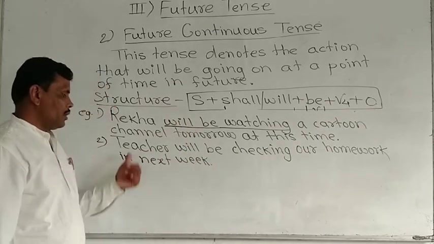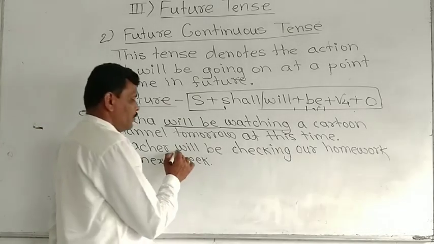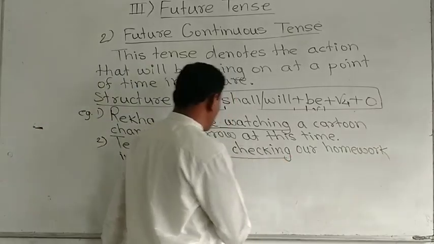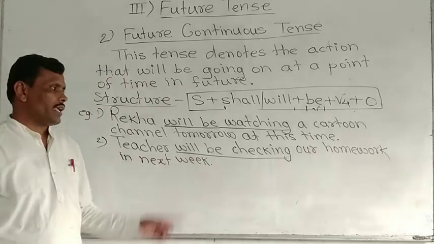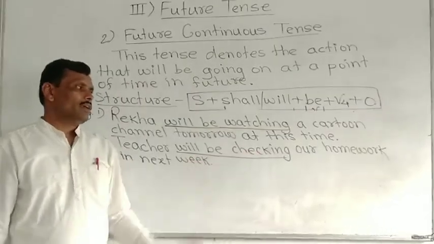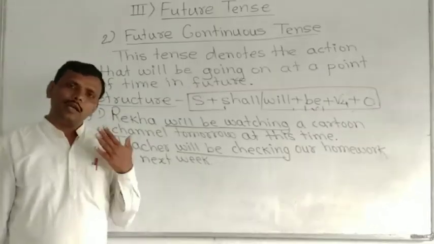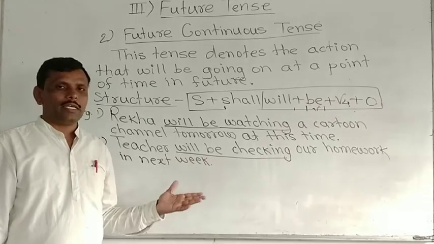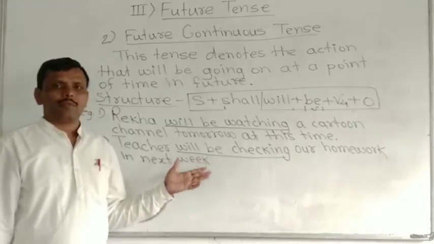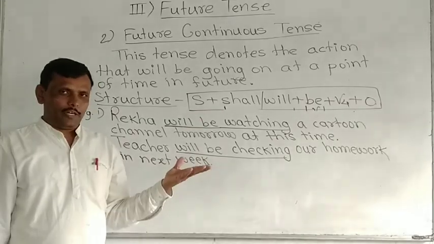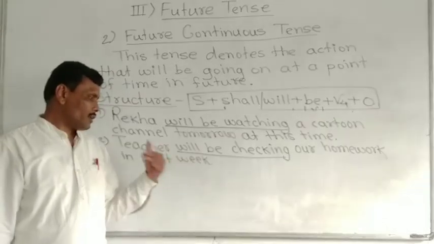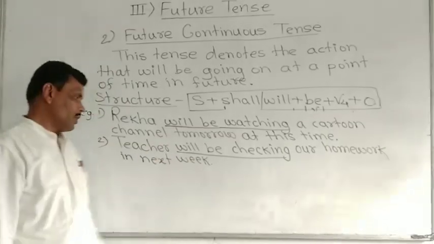Okay, teacher is a subject, will be checking, this is future continuous tense. Will plus be plus V4, this is future continuous tense used here. Okay, the action will be going on tomorrow or the next week.